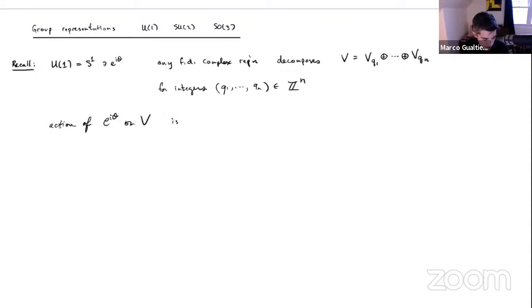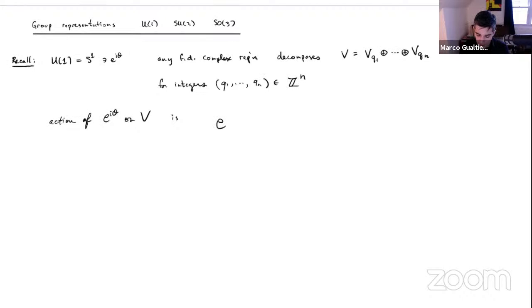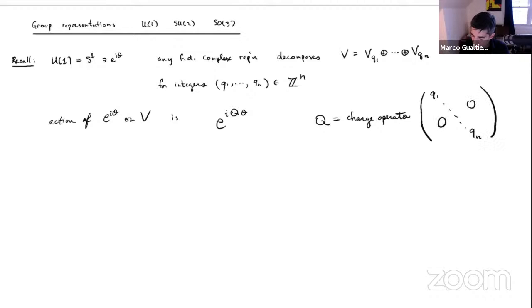We can express that as e to the i q theta, where q is the charge operator, which is just these numbers on the diagonal and zeros elsewhere.